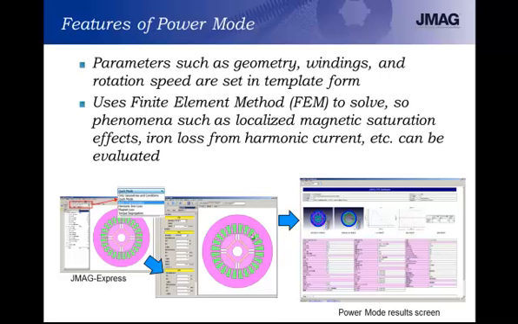JMAG-Express Power Mode uses the full finite element method to solve phenomena such as localized magnetic saturation effects, iron loss from harmonic current, and many other nonlinear simulation parameters. Results for Power Mode are displayed in a dashboard, and we'll see this again in the short demonstration at the end of the Power Mode presentation.